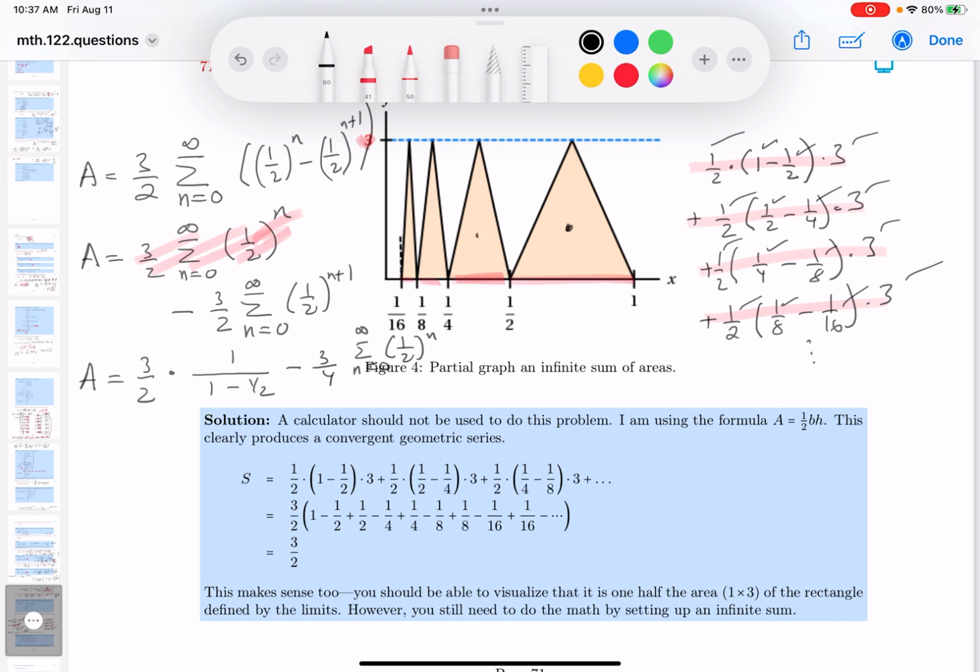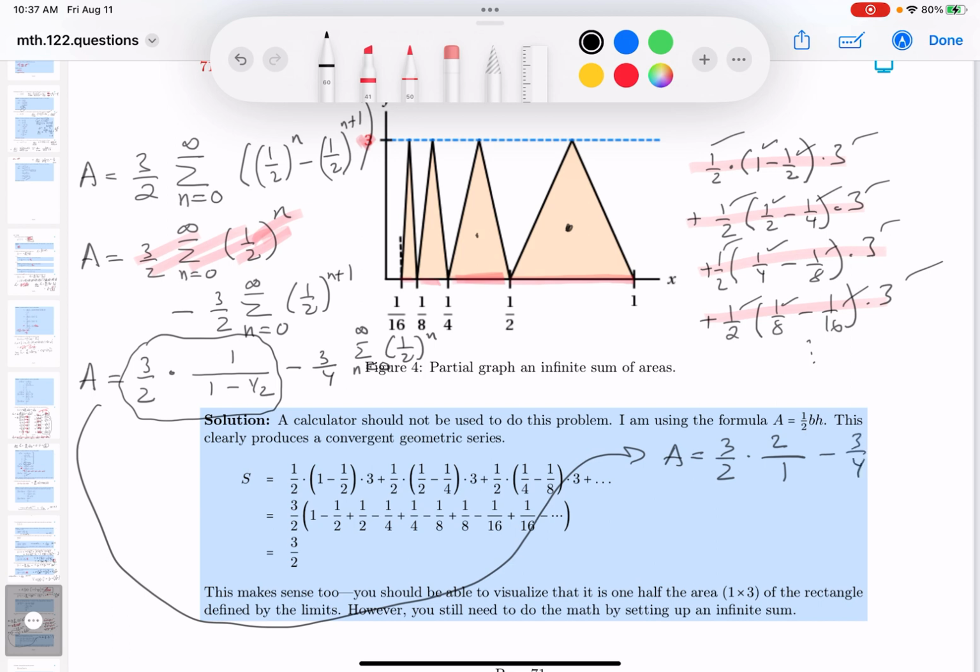Let's see if we can do that now. What do you get? A equals 3/2, and I'm working on this term here. I can multiply the top by 2, I get 2, and the bottom would be 2 minus 1, which is 1. Let's do the next one, minus 3/4 times, well, I've got the same sum. What are you going to get? 1 over 1 minus 1/2.